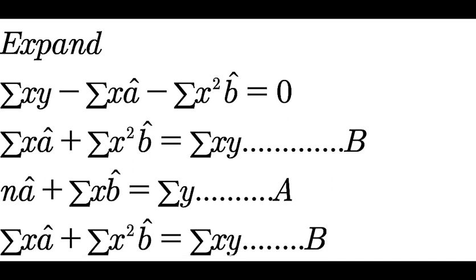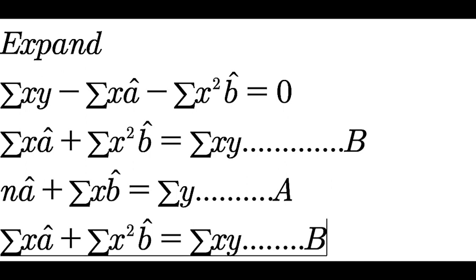So we will have to solve simultaneously using any method of our choice, to solve for the values of a hat and b hat, which stand as our estimates of the true parameters of our regression model. Now let us establish a 2 by 2 matrix equation.